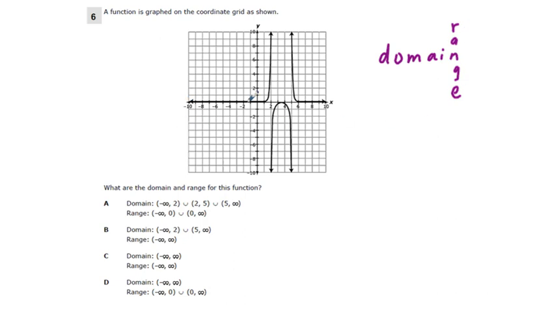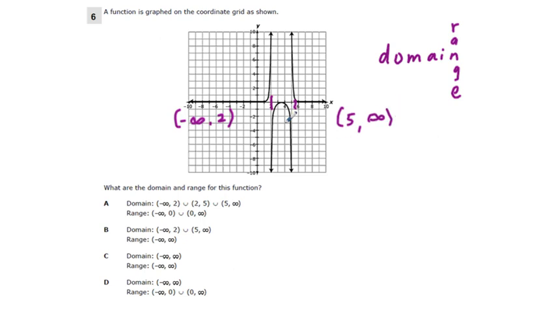And you see you have 3 sections of domain from greater than negative infinity all the way up to and not including 2. Okay? And the right piece is going to be at 5. It's going to be 5 up to not including infinity.